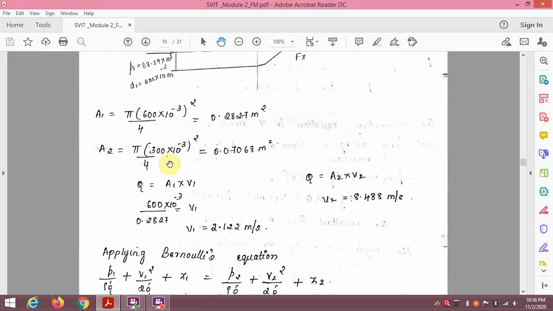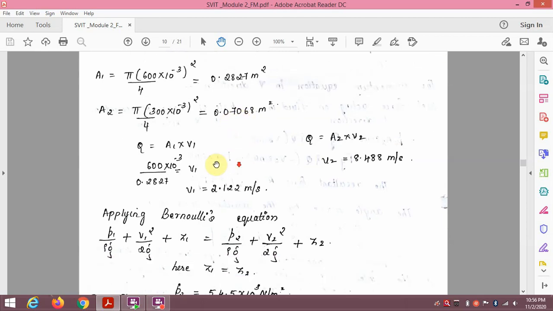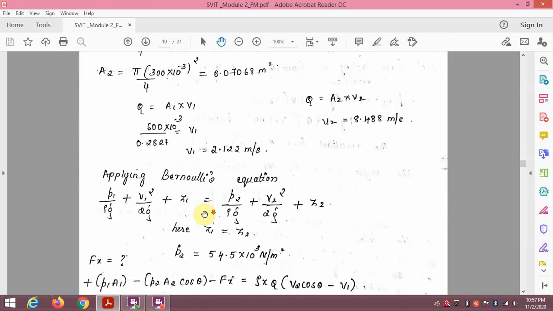A2 is equal to pi by 4 into 300 into 10 raised to minus 3, the whole square, that is equal to 0.07068 square meters. Therefore Q equal to A1 into V1, and Q equal to A2 into V2. So V2 is equal to 8.48 meters per second, and V1 is equal to 600 into 10 raised to minus 3 divided by 0.2827, that is V1 is equal to 2.122 meters per second.